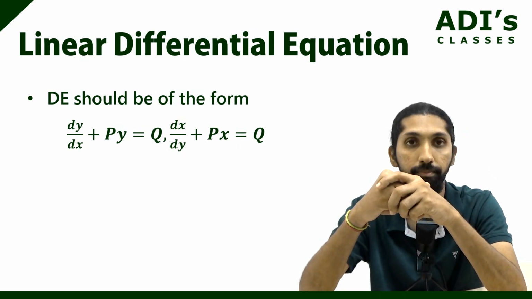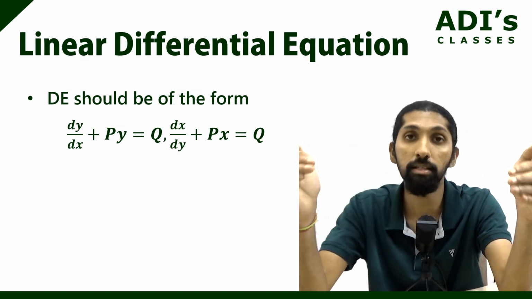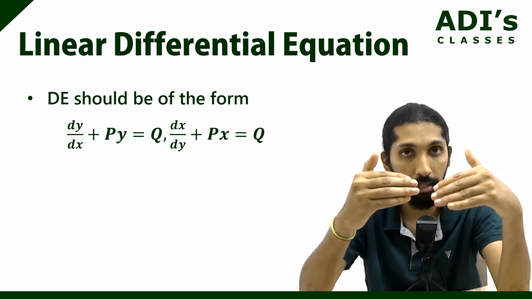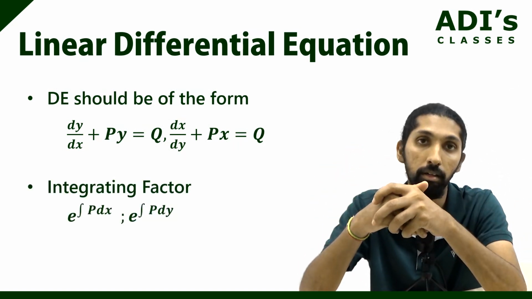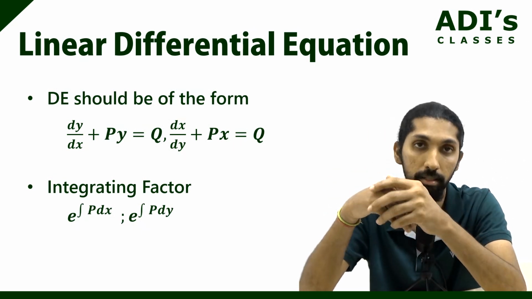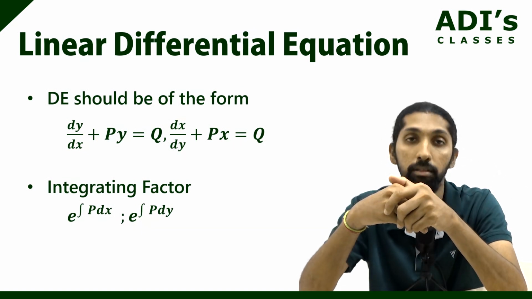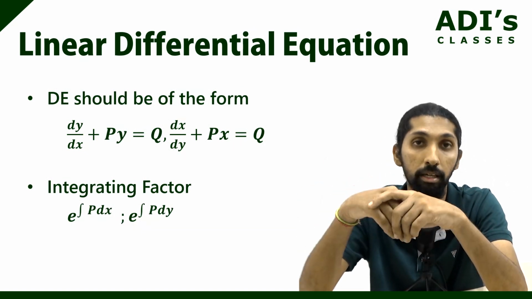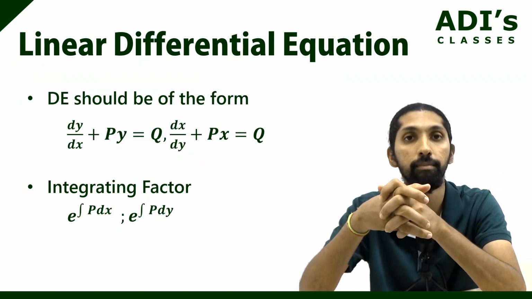Either of these forms. Once you have it in the standard form, then you figure out the integrating factor, right? Which is e to the power of integral of p dx or e to the power of integral of p dy, depending on the standard form we have.